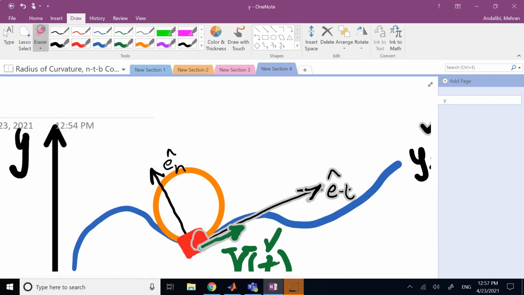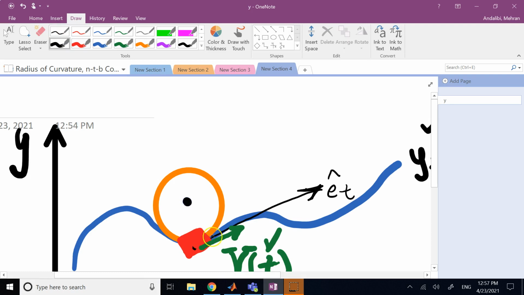And let me correct this EN for this new shape. Let me make it a little bit more accurate. So this is the center, and this is EN, right? And that is ET.